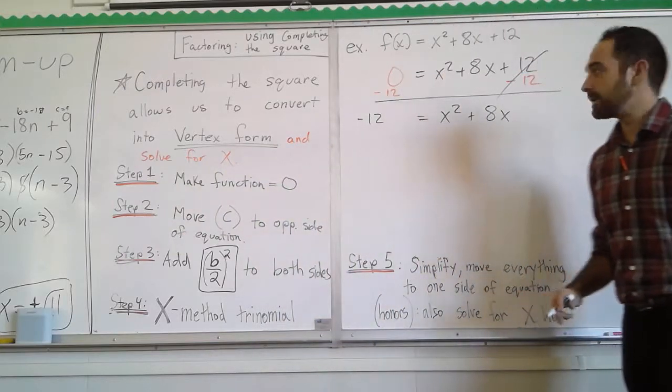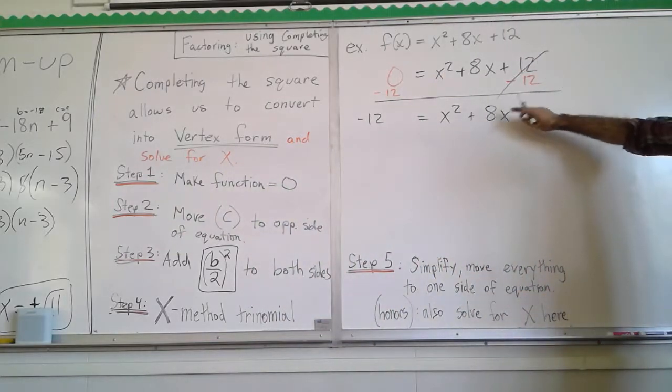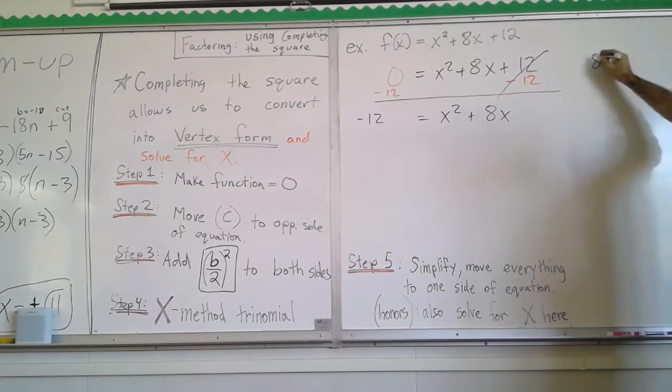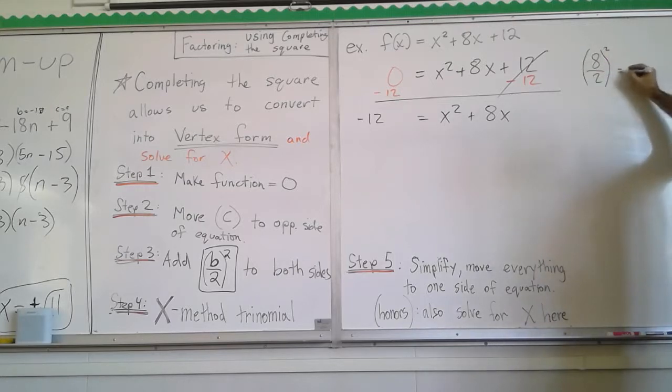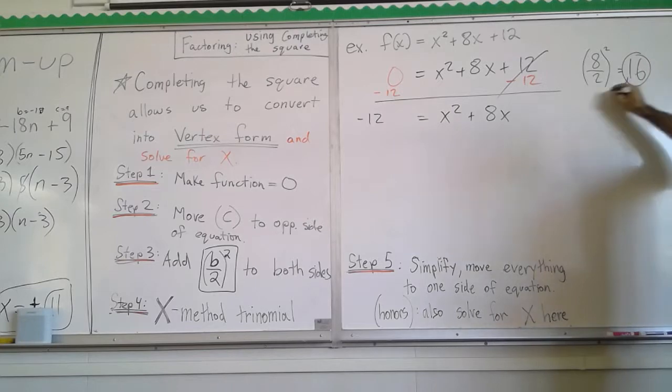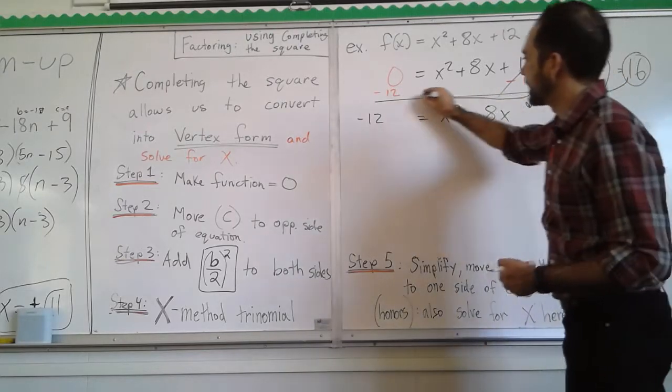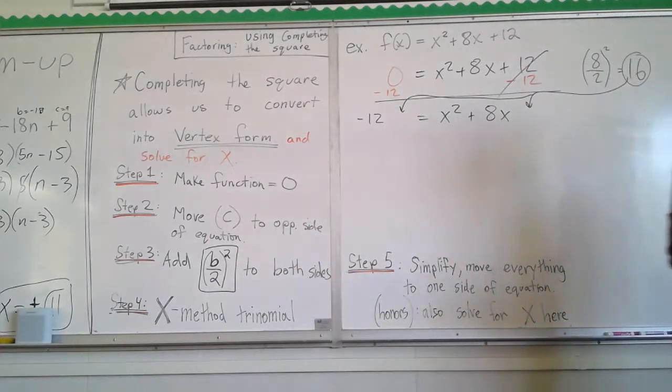Because I know that if I take my B value, 8, and I divide it by 2, and then I square it, I do end up with 16 here. And what I'm going to do with that 16 is take it and put it on either side of the equation.